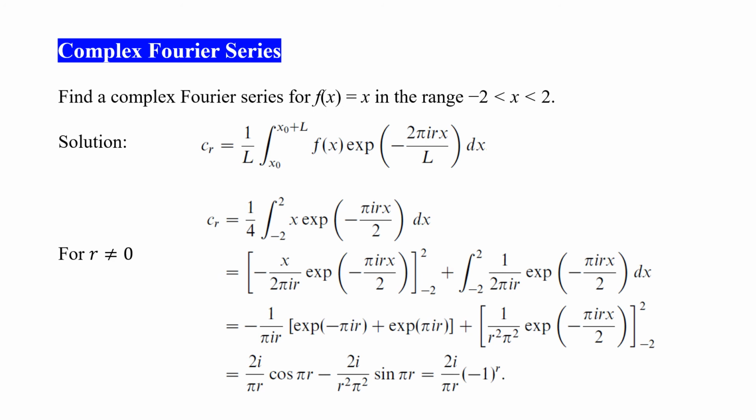For example, let's find a complex Fourier series for f of x that's equal to x in the range of negative 2 less than x less than 2.